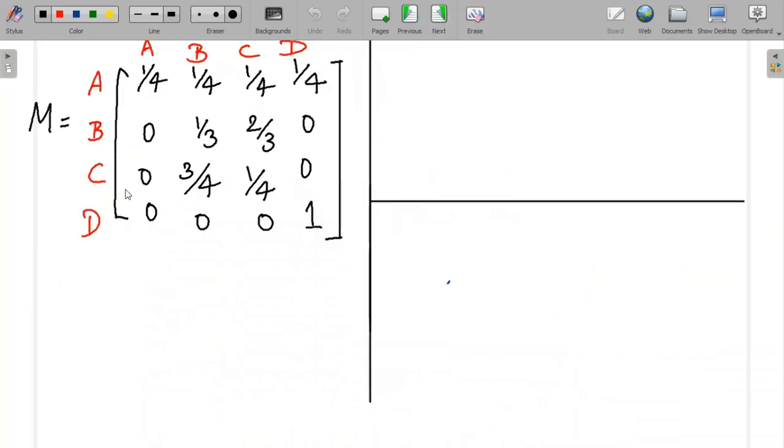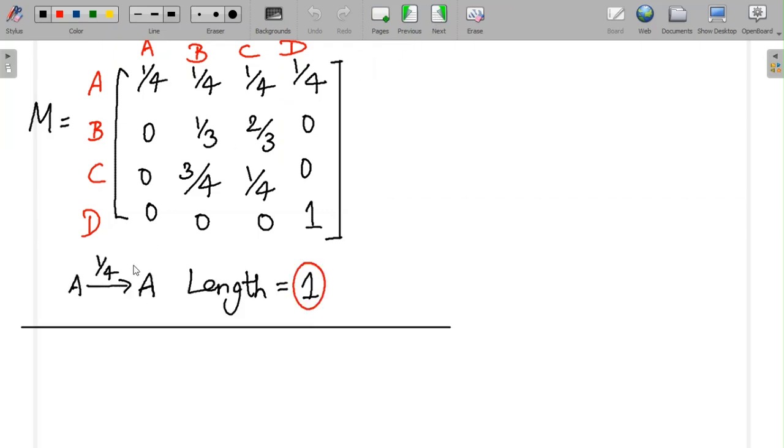Now let's consider a different example to discuss the periodic nature of the various states. We see that A reaches itself in a cycle whose length is 1, because no other state reaches A. There is only one communication from A, initiated by A, and that is to itself.